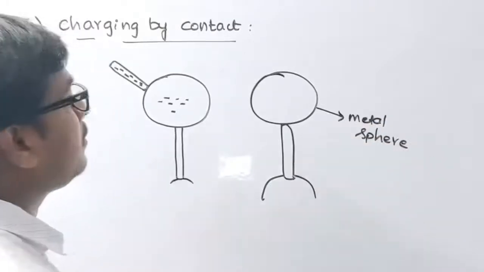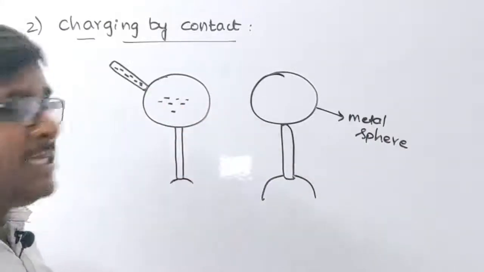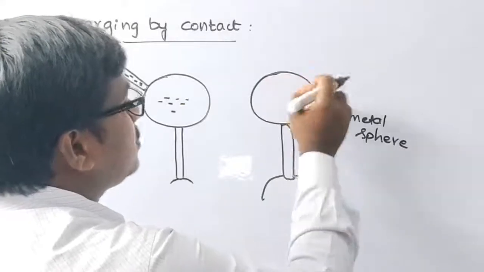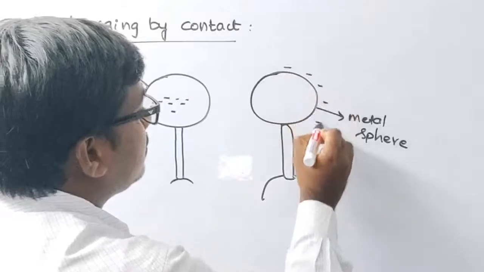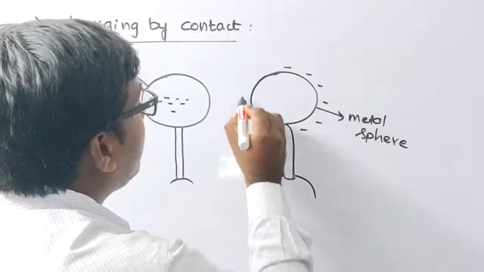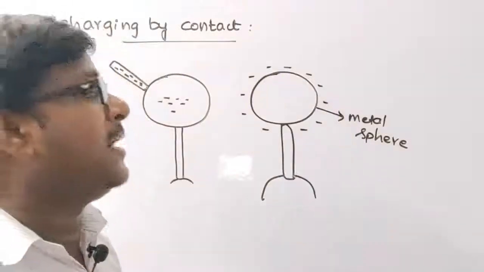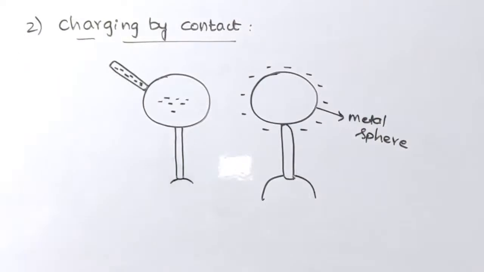These two are in contact with each other. The excess electrons are spread out over the metal sphere, in this manner.